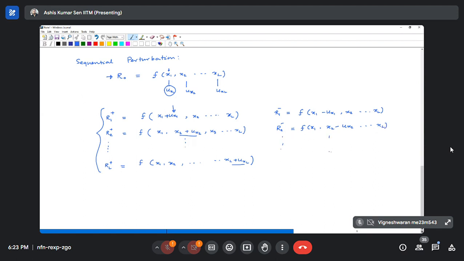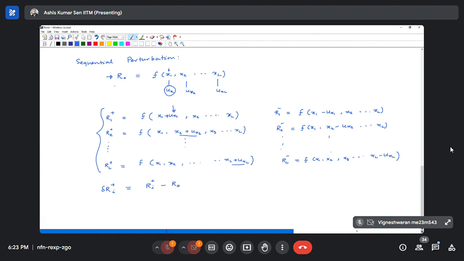And if I continue like that, I can write RL minus is a function of x1, x2, x3 up to xL minus UxL. Okay, so I have R1 plus and R1 minus, similarly up to RL plus, RL minus. Now I define delta Ri plus as Ri plus minus R naught.